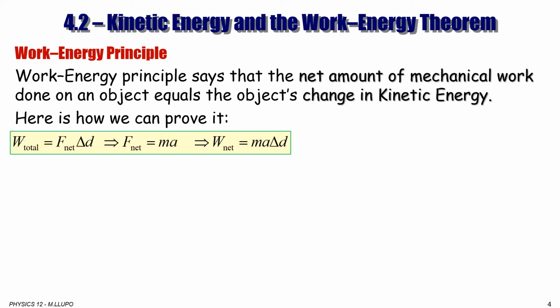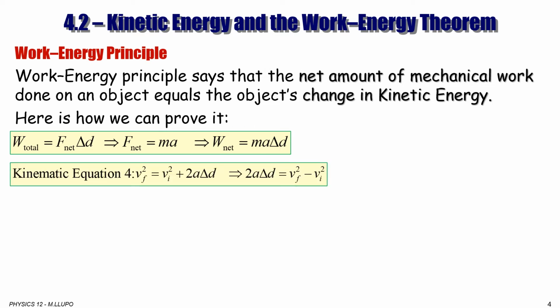Here it is. The work formula is force times displacement. But based on Newton's second law, force is equal to ma. So we replace F net with ma in this formula, and we get m a delta d.